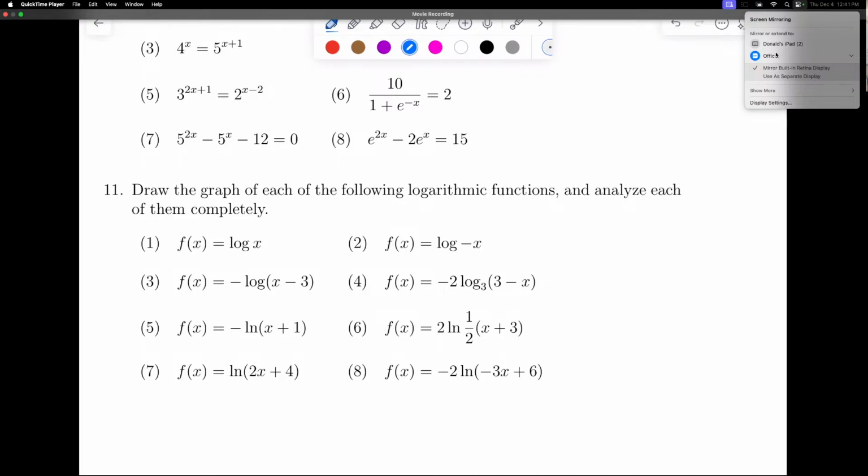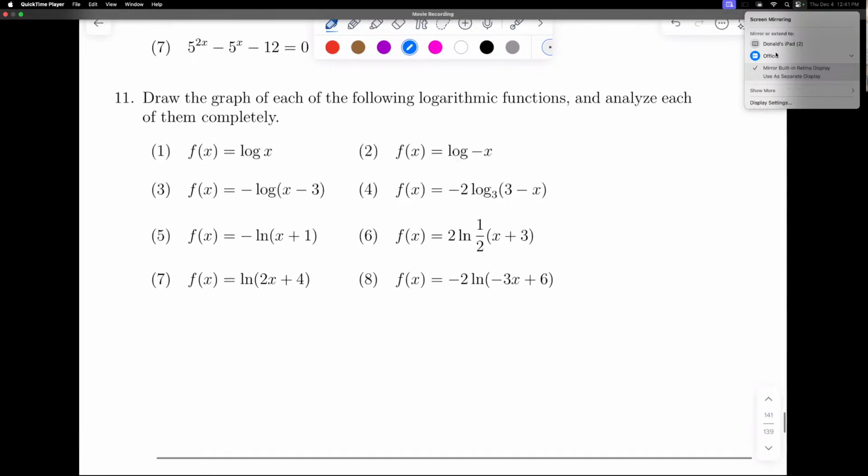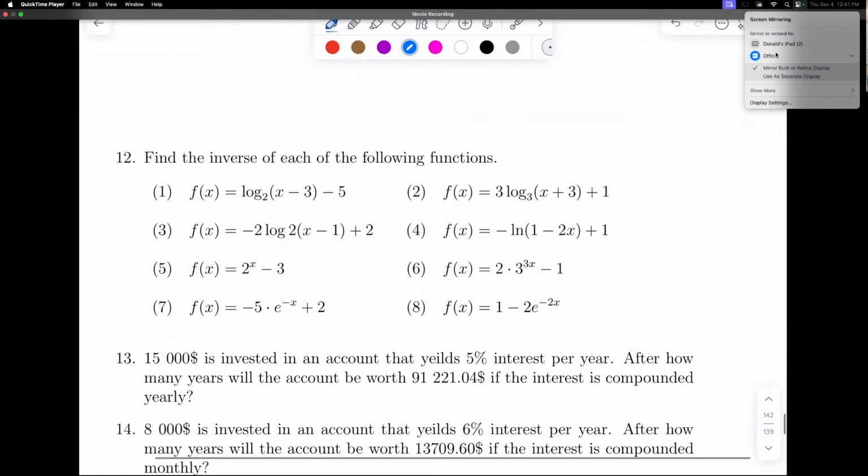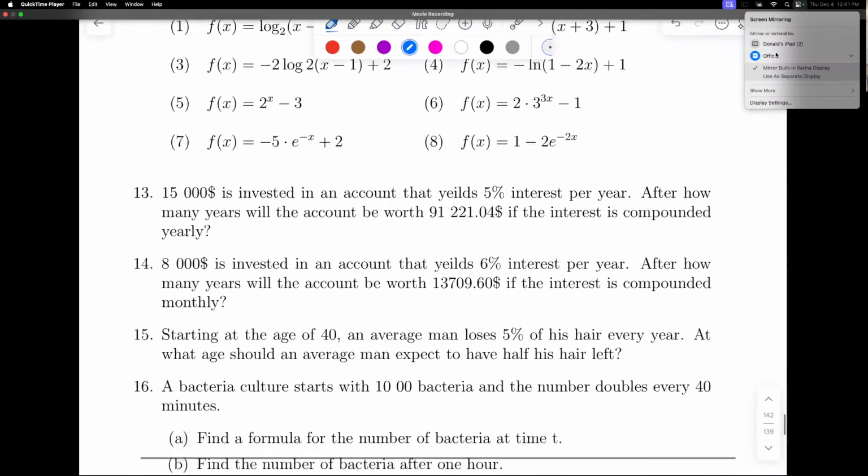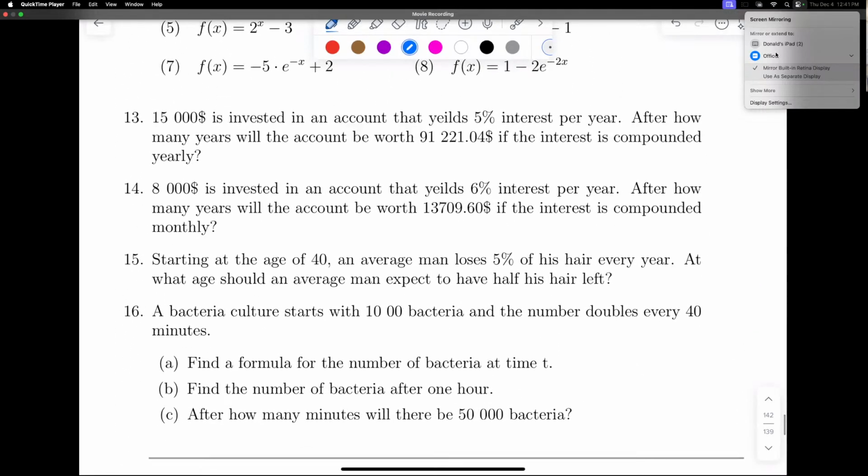But like 11-3, 11-5, those are fair game. Okay. So finding the inverse of the logarithm function, those are in the AP exam as well. So you are gonna see those. Now we're gonna talk about word problems later, and those word problems will be on the test as well. So word problems are what we're gonna spend most of the time on.